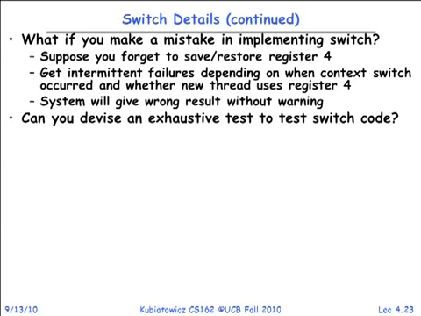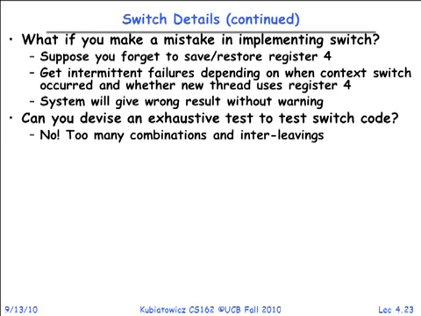Not really exhaustive, there are too many combinations and interleavings. So the best you can do is have several really good programmers stare at it many times over the course of many weeks and see that it looks right.